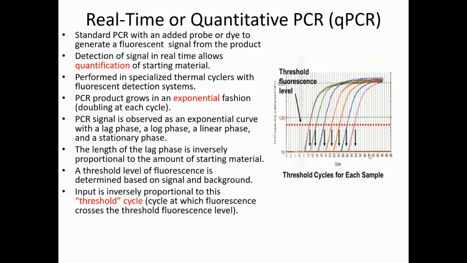Because for conventional classical PCR, you only evaluate the end product, which means you only look at the result at the end of the PCR reaction, because all the samples reach the plateau at the end of the amplification. So you will not be able to differentiate between number 1 and number 7.